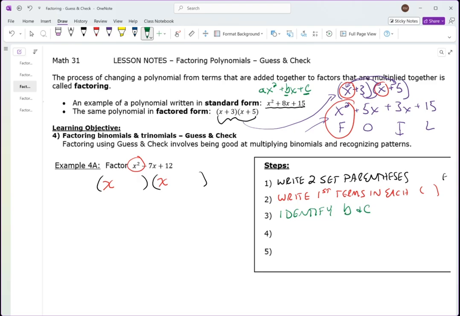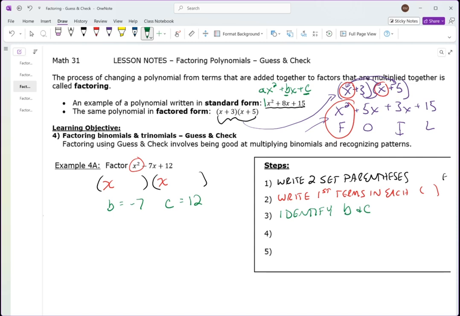This method is going to work best when A is equal to 1. So I'm going to write down that my B is equal to, is that a positive or a negative? I couldn't see it. So B is equal to negative 7 and C is equal to 12.